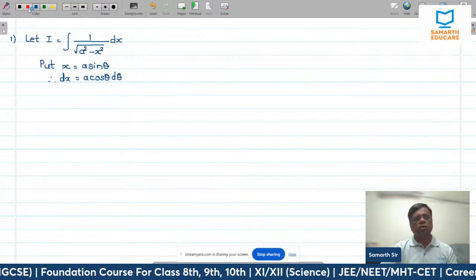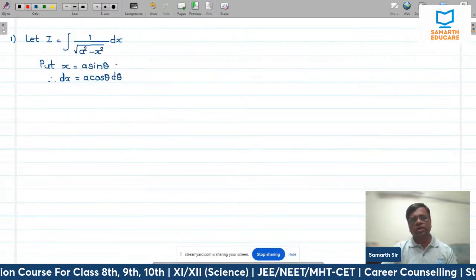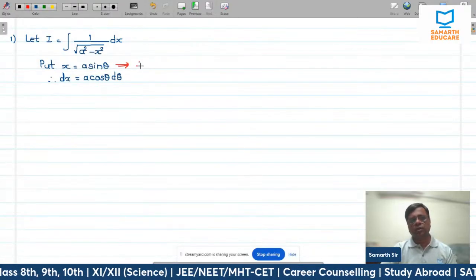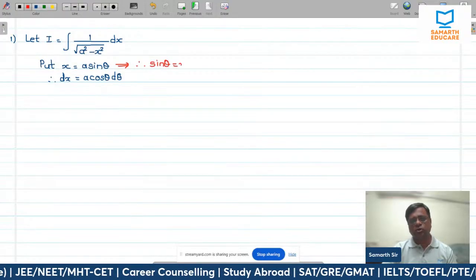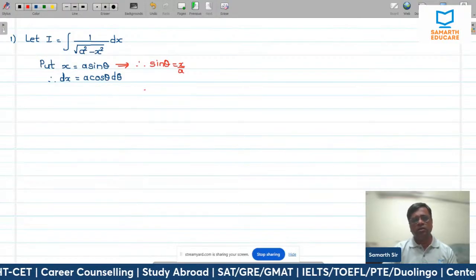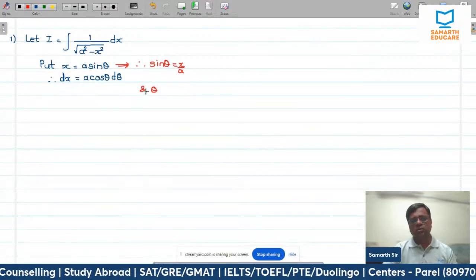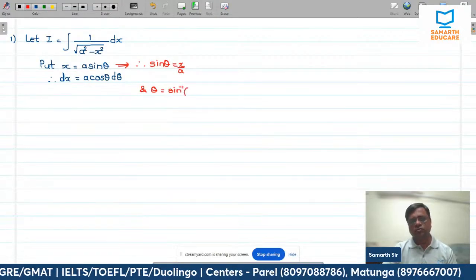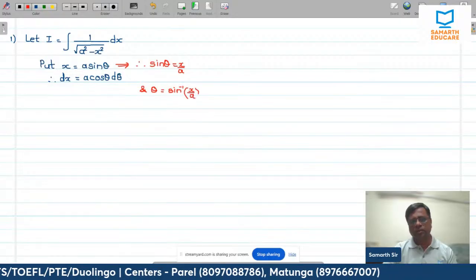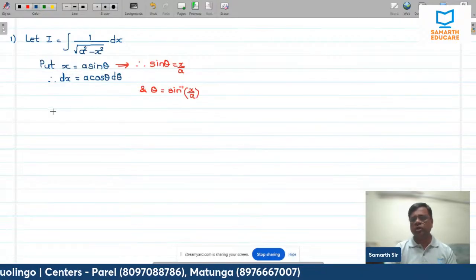Now, because of this, sine theta is equal to x upon a, and theta is equal to sine inverse of x upon a. Correct. Now we will need this at the end.